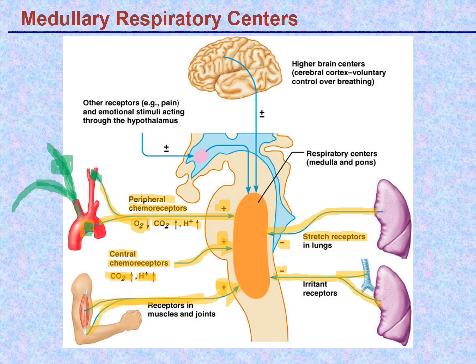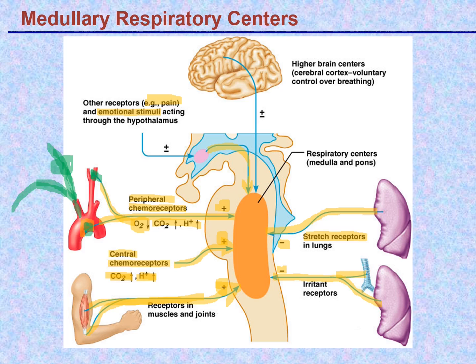There are other kinds of signals higher up in the brain that can have an effect on the respiratory centers. If you have sensations like pain or really strong emotional stimulus, then the hypothalamus is activated. It can be positive or negative, and trigger signals being sent to the respiratory centers to modulate your rate of breathing.